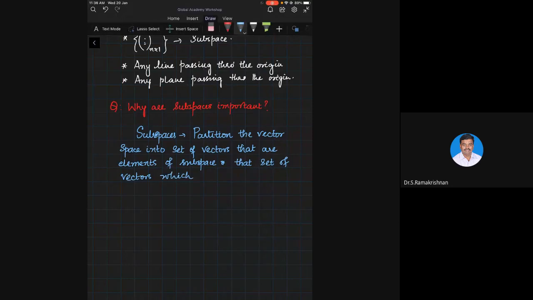Now this is more important. The first idea about subspaces basically tells you this partition.